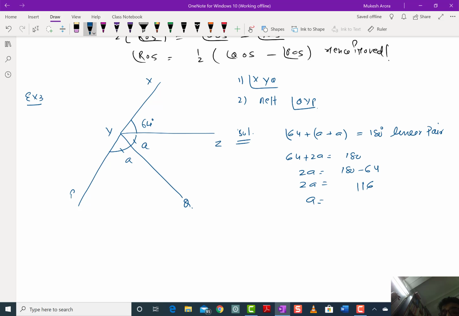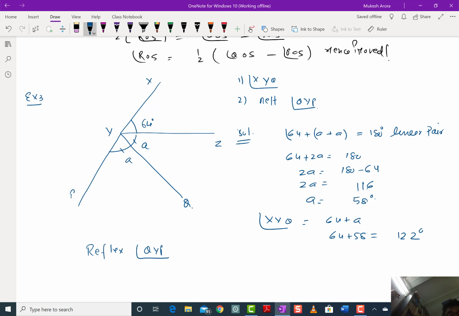A is equal to 58. Angle XYQ is equal to 64 plus A, 64 plus 58, this is 122. Then we have to find reflex angle QYP. QYP means 360 minus A, that is 360 minus 58, 302.